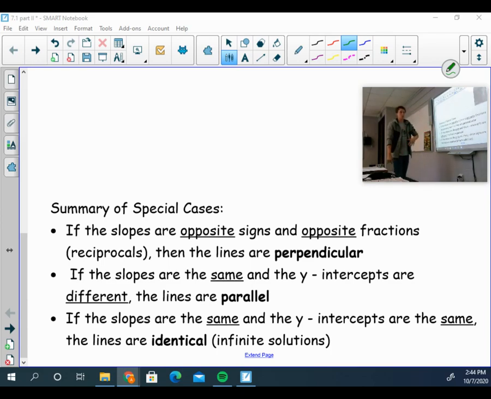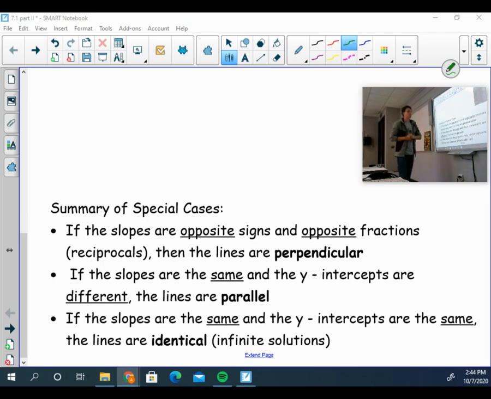We saw some examples that had nice, neat numbers, others that didn't. Then we did a word problem where we had to set up the equations. But again, we graphed them, saw where they intersected, and that was our solution.